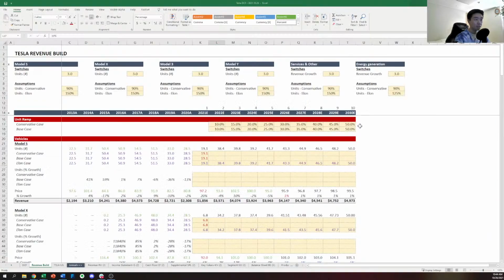I think if we were to have our base case be actually 50%, 10 million, and if we were to get to somewhere around 8 to 9 million, I think that would be a good conservative case. So, just thinking here.